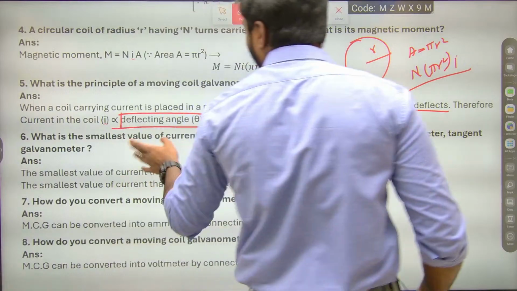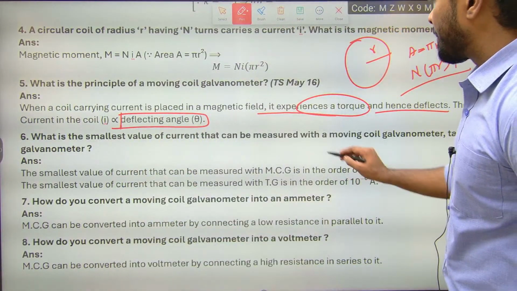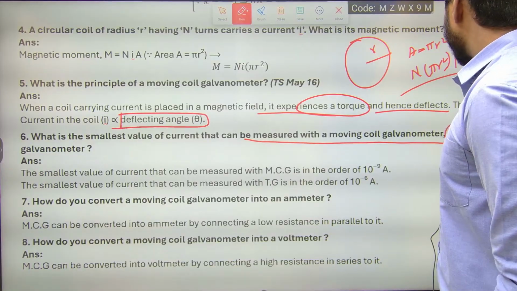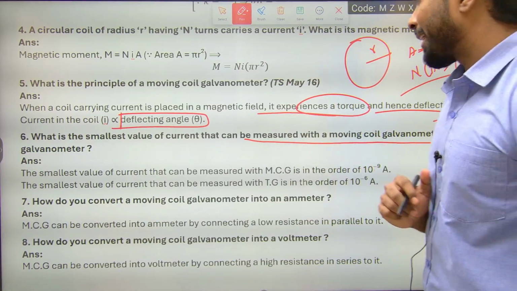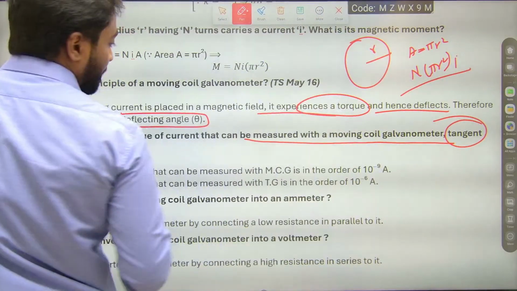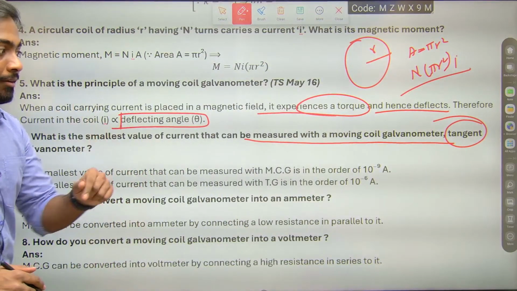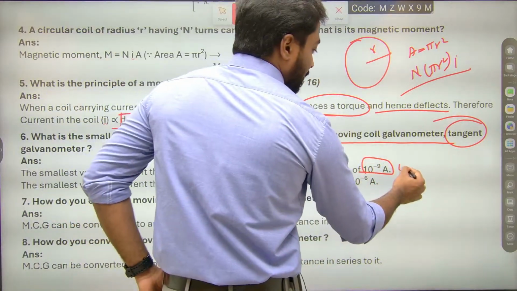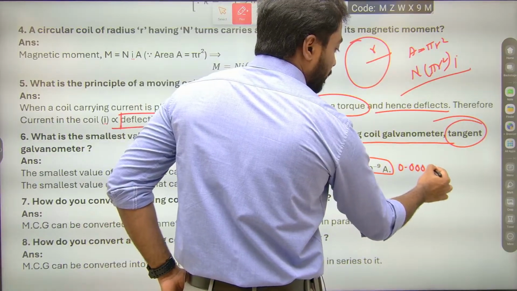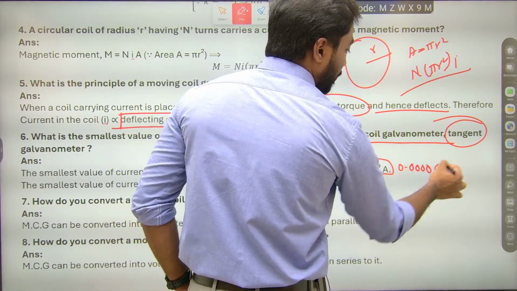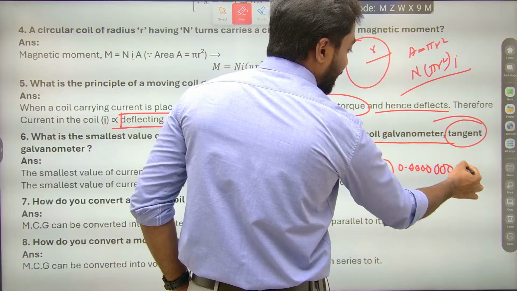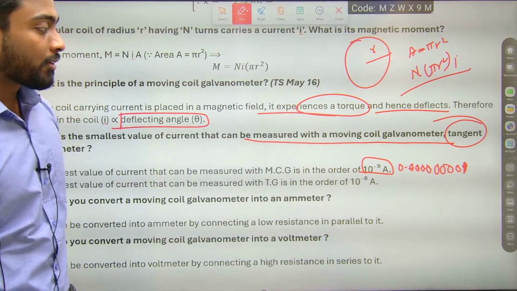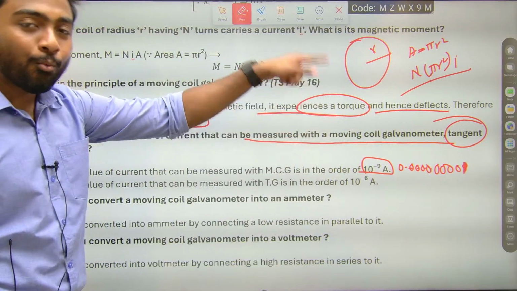What is the smallest value of the current that can be measured with a moving coil galvanometer, and with a tangent galvanometer? Two things they are asking. The smallest value that can be measured with a moving coil galvanometer is 10 power minus 9 ampere.